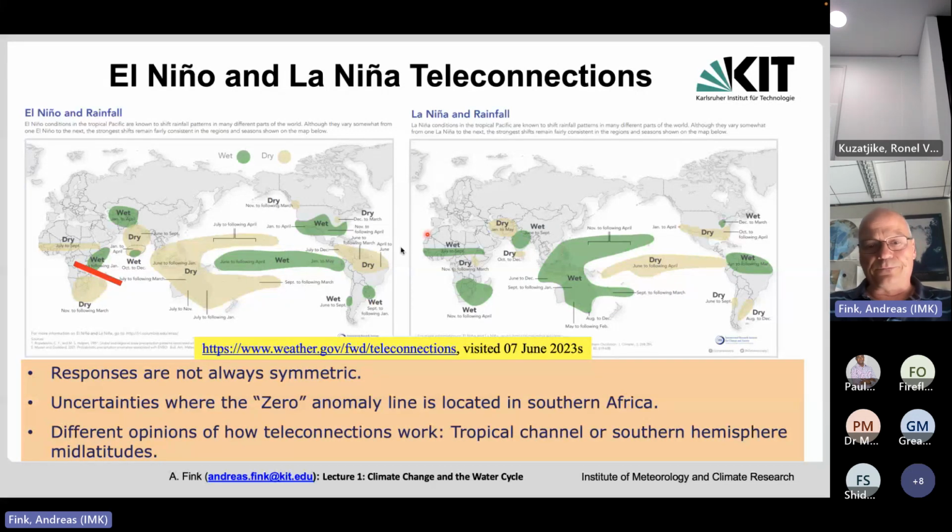And there's also some dispute in our community whether the signal from the Pacific is communicated in the tropical channel via tropical Walker circulations or via mid-latitude westerly storm tracks. And so there are a lot of unknowns. I want you to know that when you hear these forecasts, there is still a lot of uncertainty that comes with it.